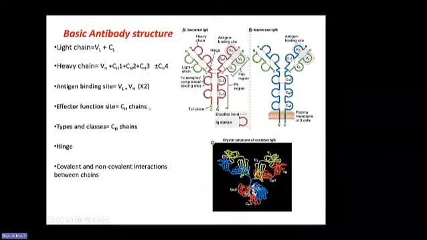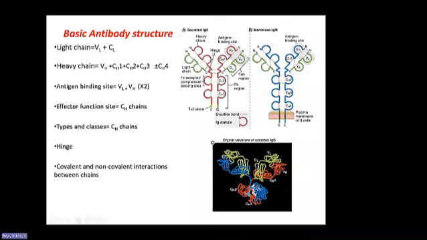Now, looking at the antibodies, we know that there are 2 light chains and 2 heavy chains, here the heavy chains in red and the light chains in green. The light chains have 1 variable region and 1 constant region. The heavy chains have 1 variable region and 3 to 4 constant regions.